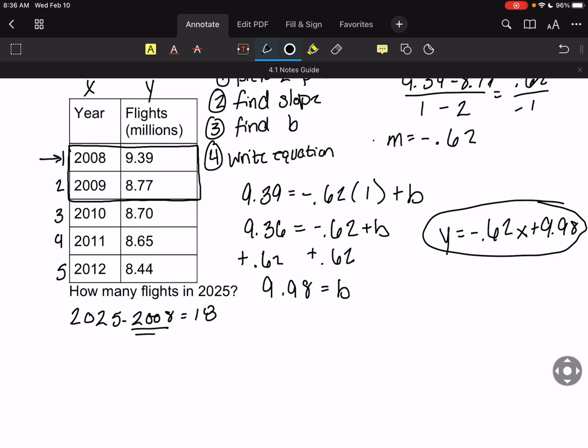So I'm going to have y is equal to negative 0.62, plug in 18 here, plus 9.98. So I'm going to have 0.62 times my 18, and then plus 9.98, and that's going to give me not what I thought it would give me. What is happening here?